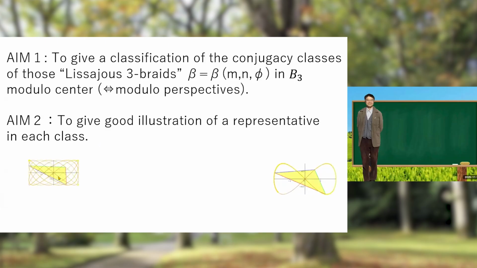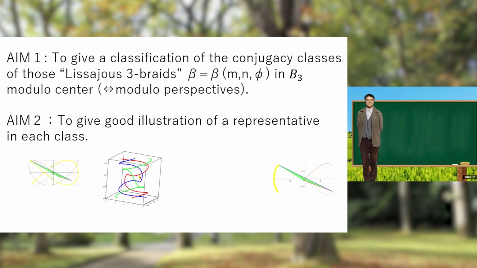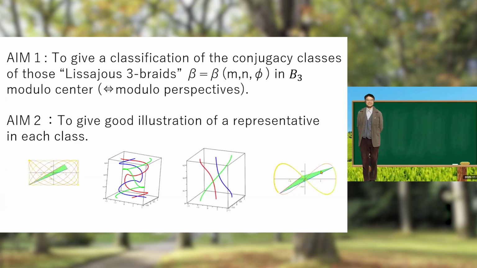So I now compare two different-looking 3-body motions, on the left-hand side and the right-hand side. One can produce 3 braids from the left one, and from the right one.